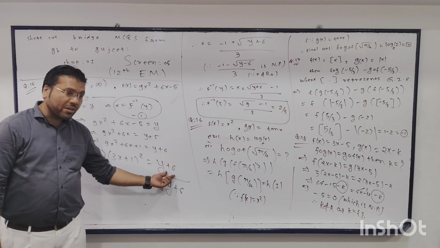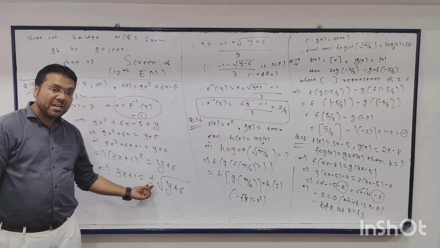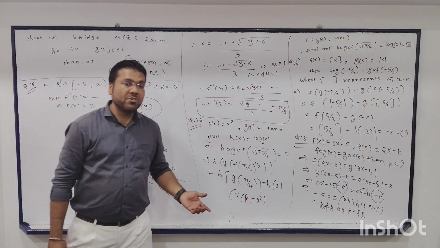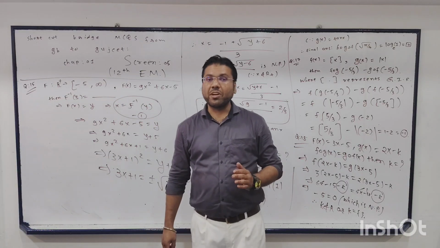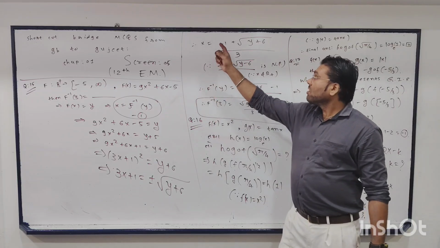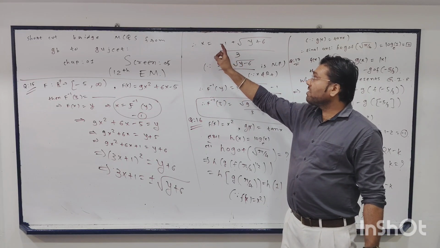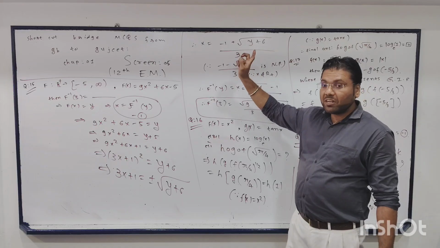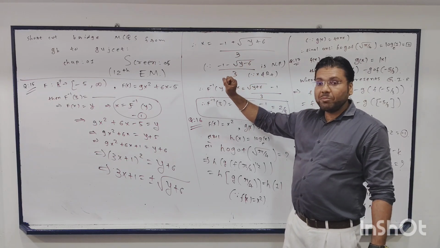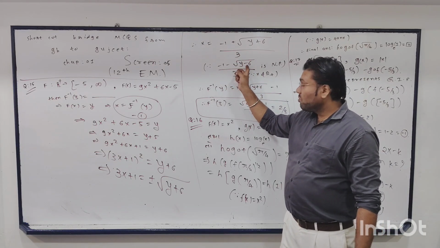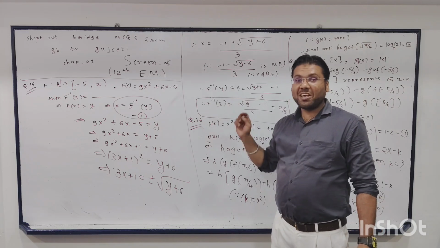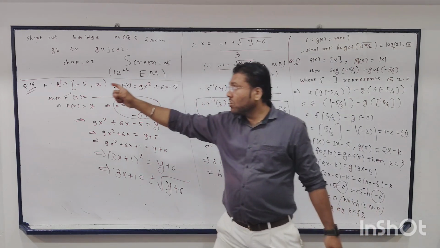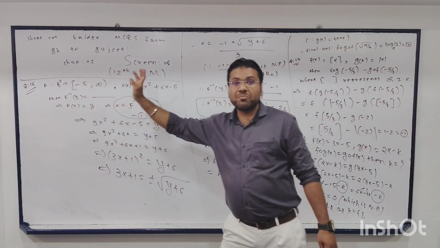By taking square root on both sides, we will get plus or minus root y plus 6, that should be equal to 3x plus 1, friends. So now, making x the subject, you will get minus 1 plus or minus root y plus 6 by 3. But minus 1 is negative, and minus root y plus 6 will also be negative. So negative plus negative will never be positive, will never belong in the domain.